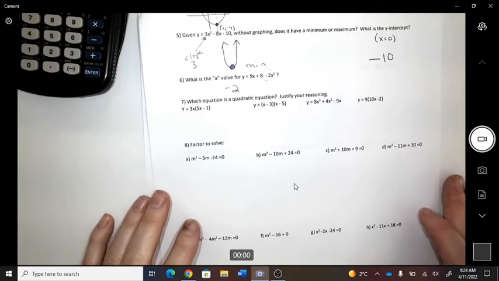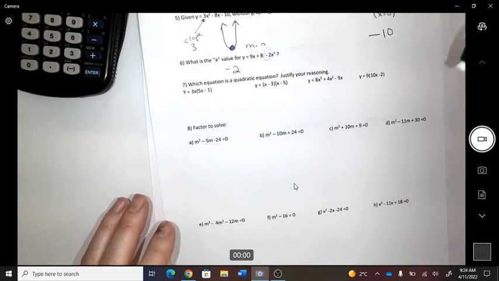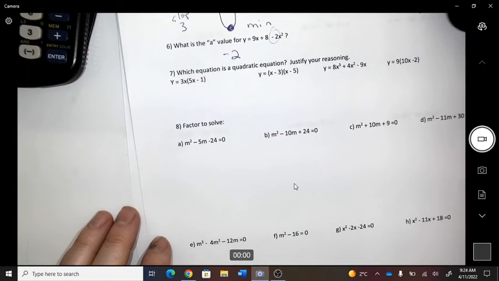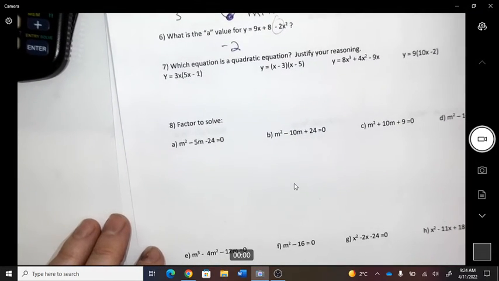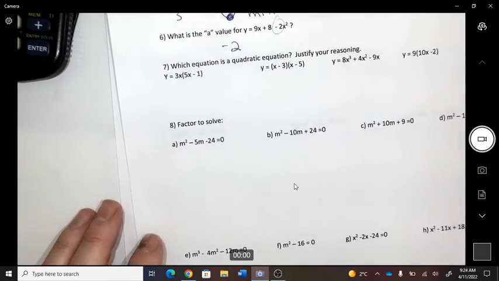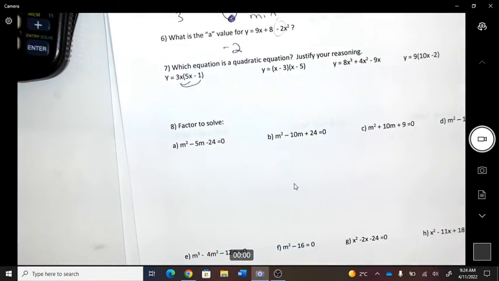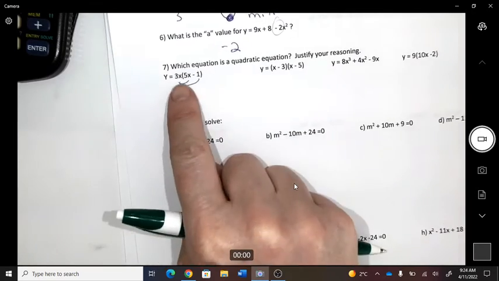Okay, is it a quadratic equation or not? So basically, if I was to multiply this out, is it an x squared or not? So if you think about multiplying that out, would that be an x squared or not?